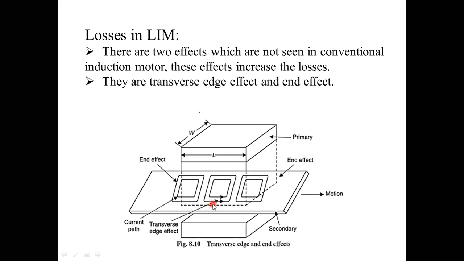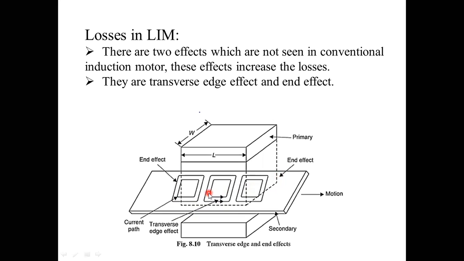And next, the end effect. Here, the end of the field structure, this is the end and this is the end. The current in the secondary at the end of the field structure also goes beyond the end of the structure of the primary, and hence does not contribute to useful thrust.